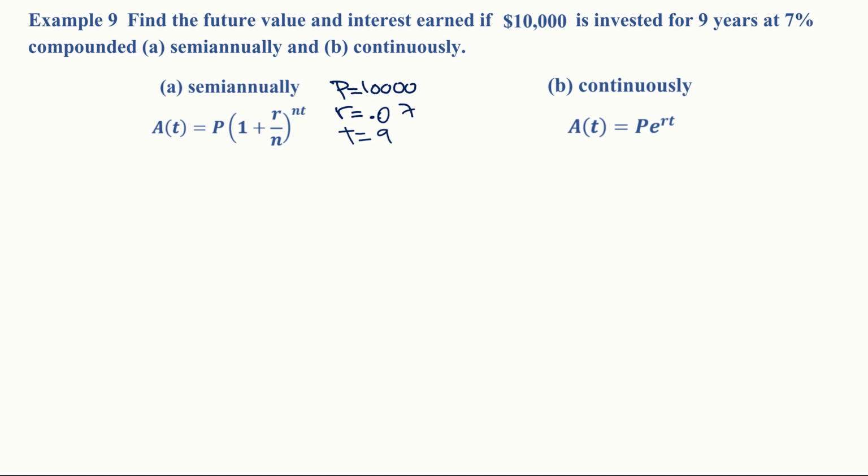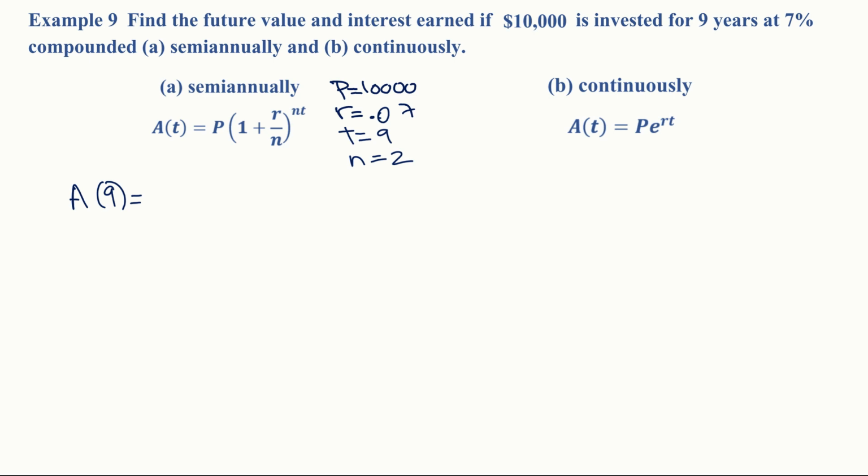And for this particular case A, semi-annually means twice a year, right? So N is 2. All right, so we go ahead and we calculate A of 9, basically, right? It's a function of T, and T is time, in years in this case.